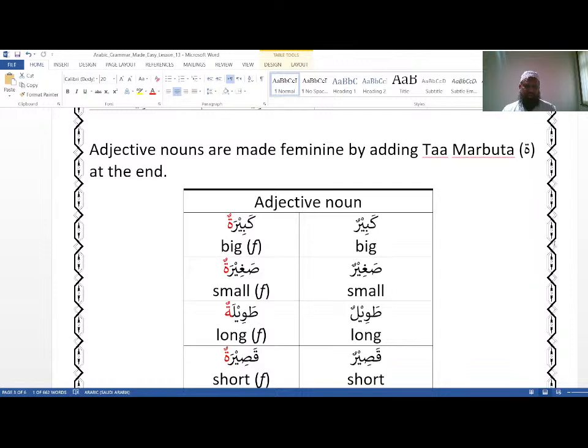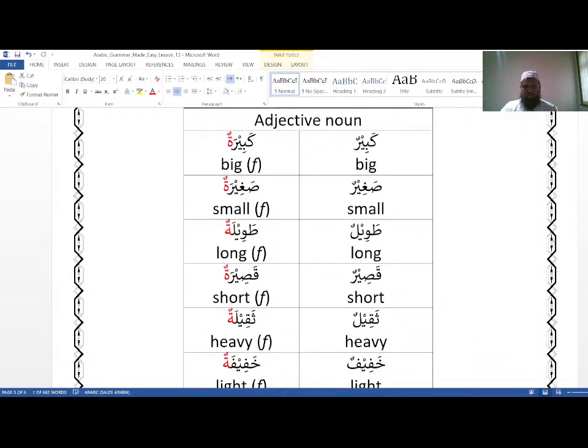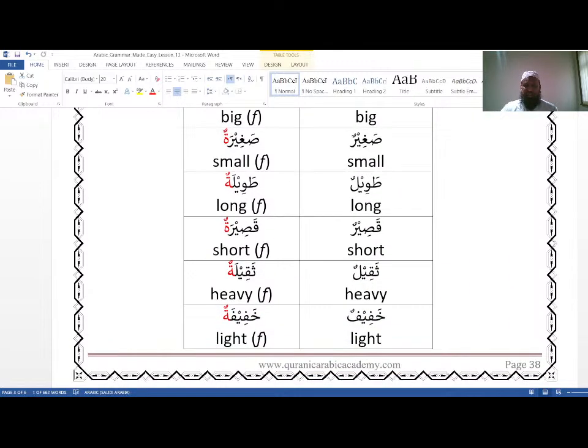Kabirun, big, make it feminine: kabiratun. Saghirun, masculine. Saghiratun, feminine, small. Tawilun, tawilatun, just adding the ta at the end. Long. Qasirun, short. Thaqilun, heavy. And khafifun, light.